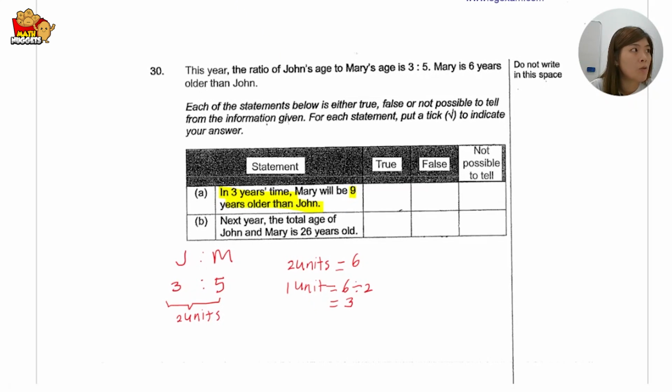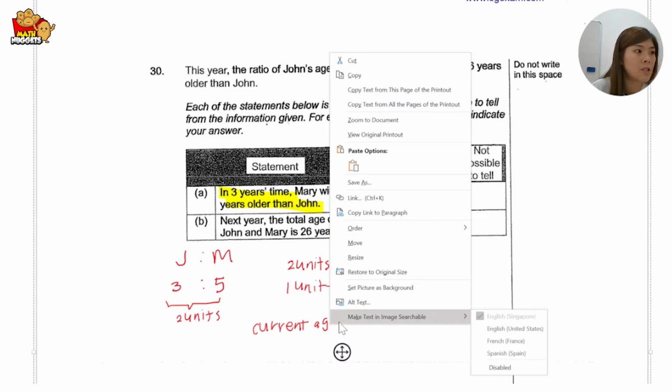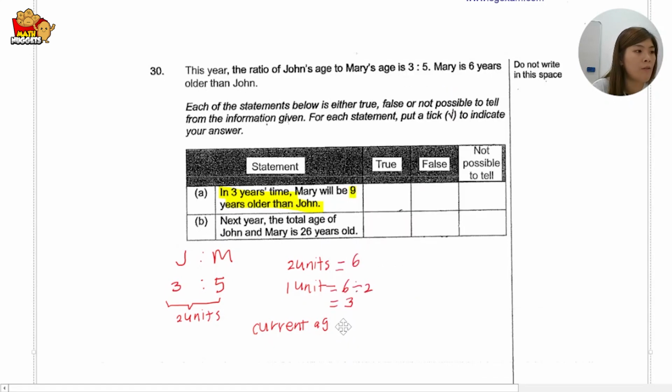To validate if this is true, we have to calculate their current age. Current age for John is 3 times 3, so 9 years old.